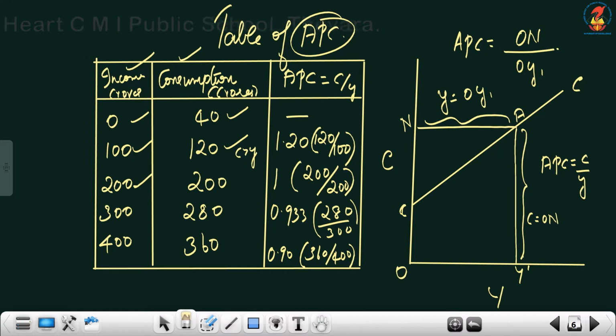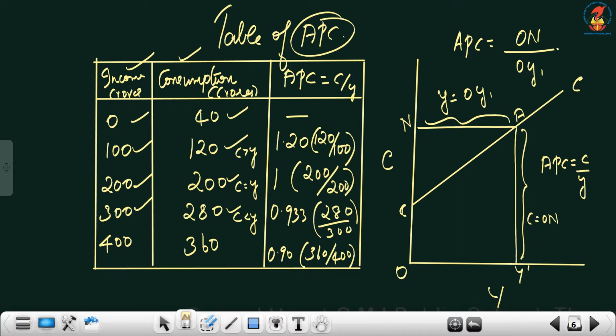Now, when the income has increased from 100 to 200, consumption also has increased from 100 to 200, where you can find C is equal to Y. Now, the next one, when the income has increased from 200 to 300, consumption has again increased from 200 to 280. But here, increase in the consumption is less than the increase in the income.